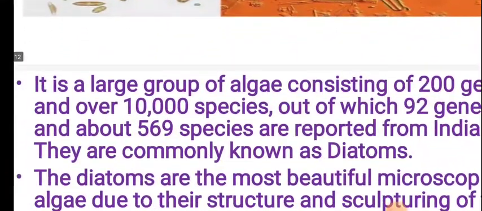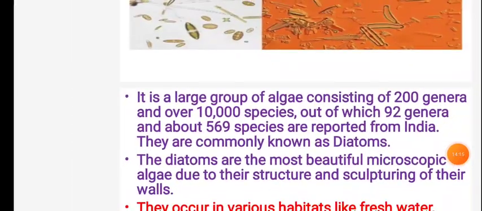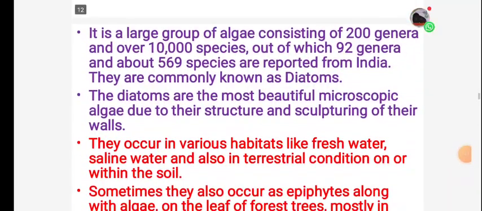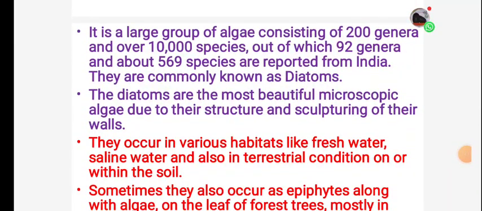It is a large group consisting of 200 genera and 10,000 species. 92 genera and about 569 species are reported from India, commonly known as diatoms. The diatoms are the most beautiful microscopic algae due to the structure and sculpture of their walls.